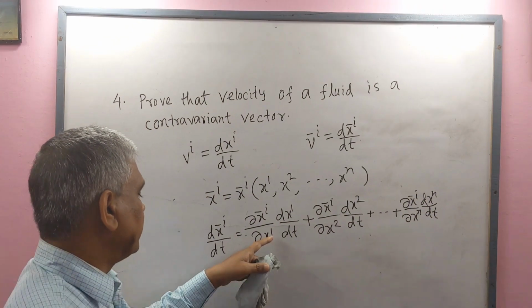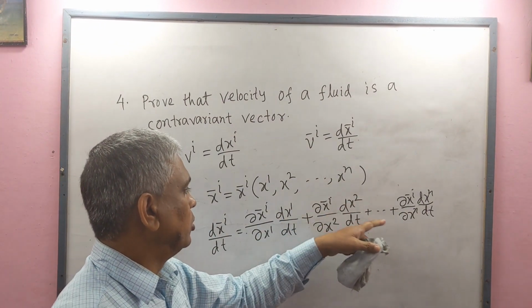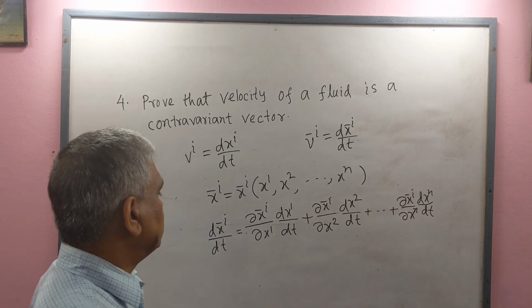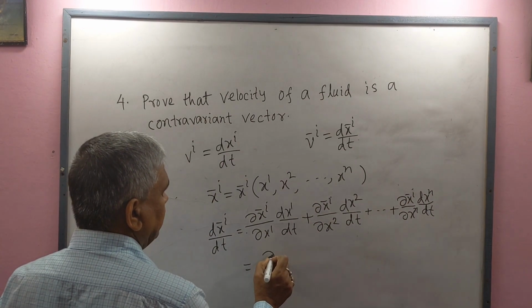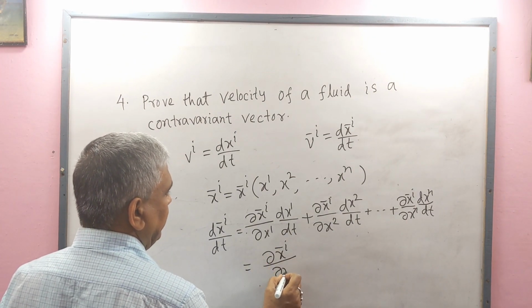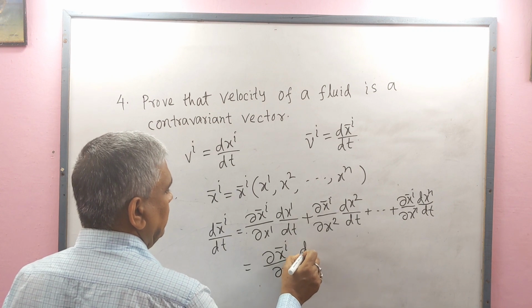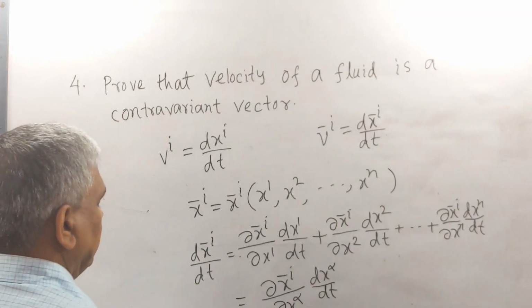Here we see that 1, 1, 2, 2, n, n, so it represents the dummy suffix. We may write this as del x bar i by del x alpha dx alpha by dt.